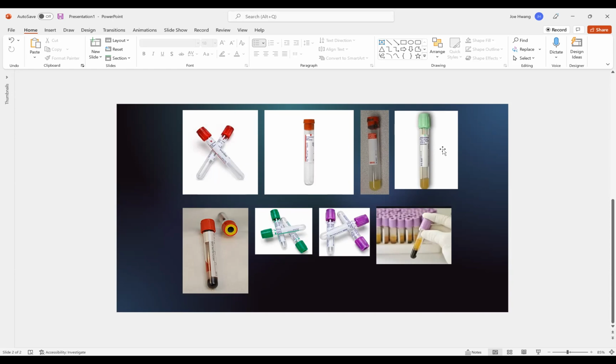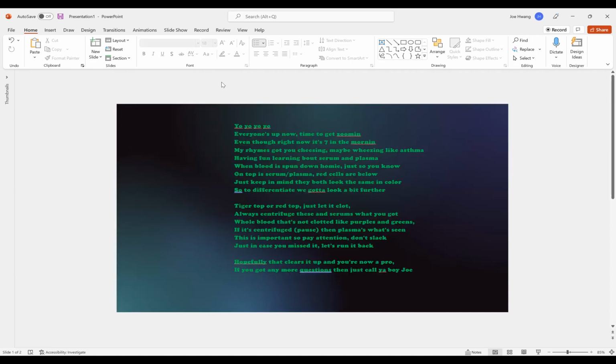Yes, plasma. Now, what happens if you spin down this light green on the top right? It's got the same anticoagulant and this gel barrier. If you spin that down in a centrifuge, is it serum or plasma? Serum. We have 1 vote for serum. Anyone else?